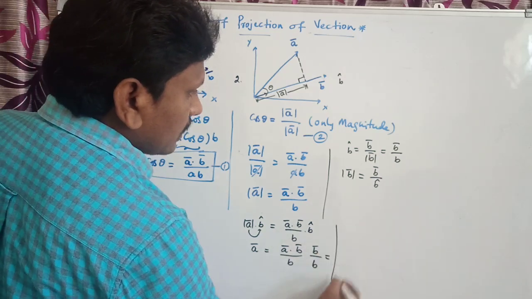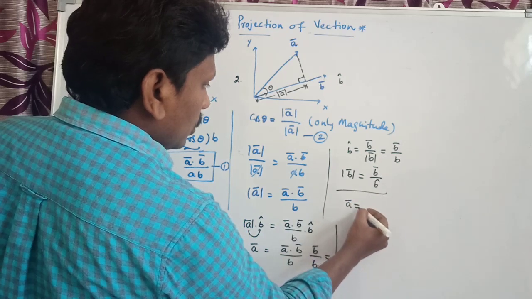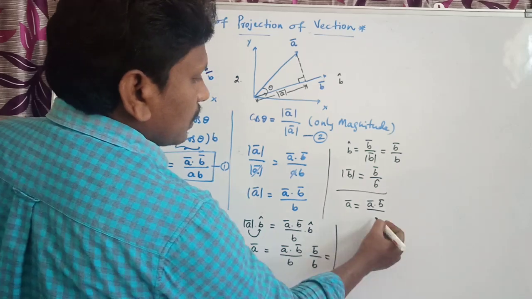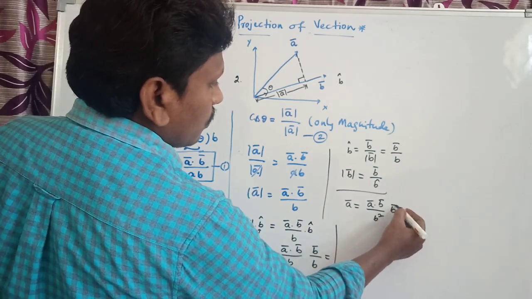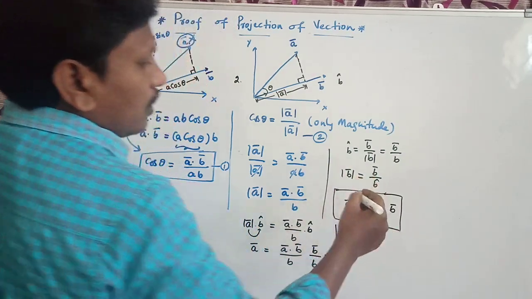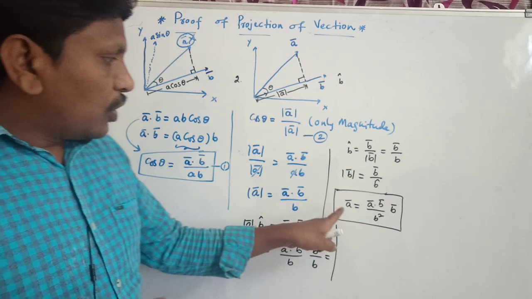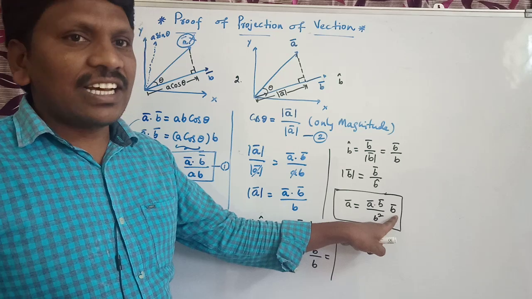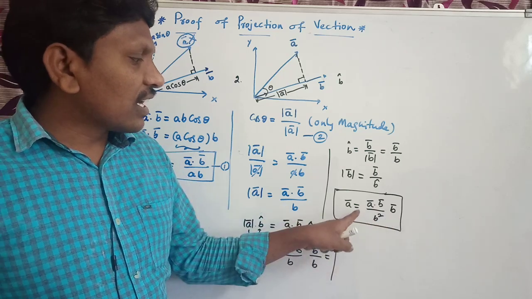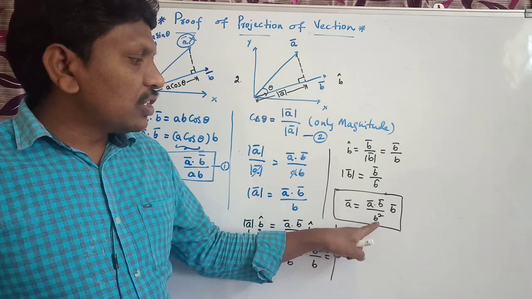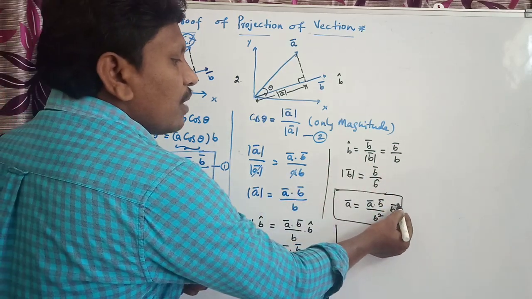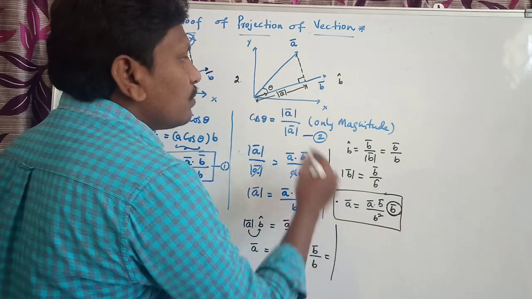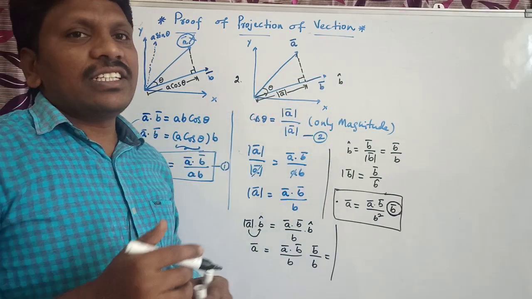From that we can write it as a bar dot b bar by b into b, that is b square, into b bar. This is the projection of the a vector along the direction of the b vector, that is a bar dot b bar by b square.